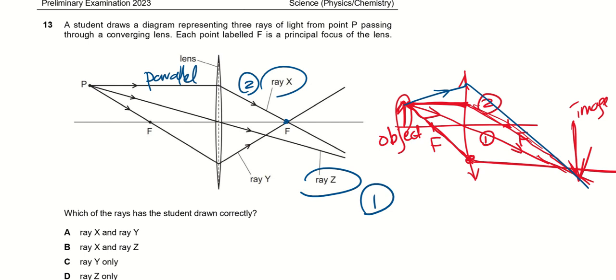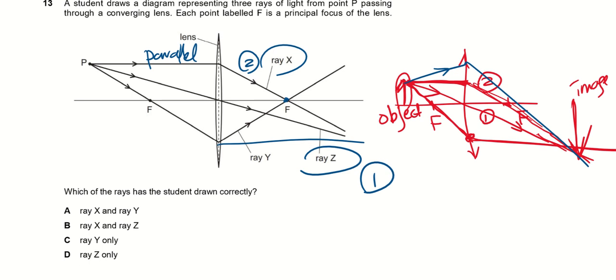Why is ray Y wrong? It's supposed to go parallel. So X and Z are correct. So are we okay? I think for this one, if you are interested to know how to draw, to have an advantage over the other students, you can watch this video again.